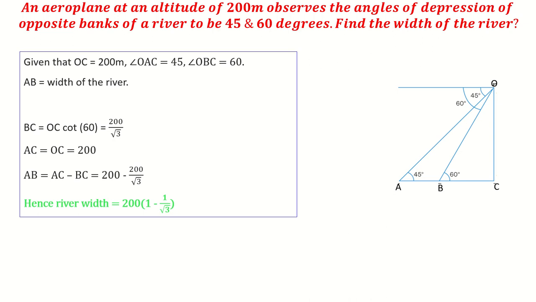So AC equal to OC, which is 200, because the angle is 45 degrees, so OAC will become an isosceles right angle triangle. So AC will be equal to OC, which will be 200 meters again. So AB equal to AC minus BC. So 200 minus 200 by square root of 3. So hence the river width is 200 into 1 minus 1 by root 3.